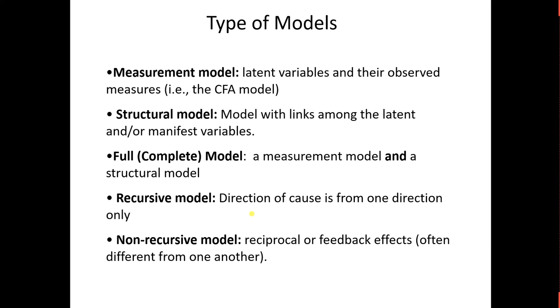Whereas in a non-recursive model, the reciprocal or feedback effects are also modeled. Suppose there are two variables x and y. In a recursive model, we will draw one arrow from x going to y, representing that variation in y is caused by x.